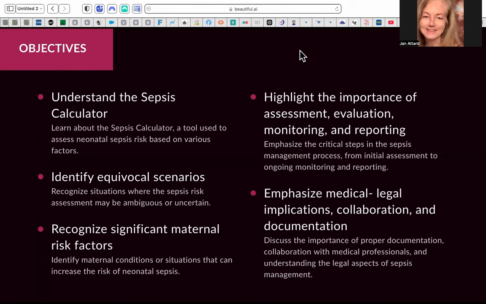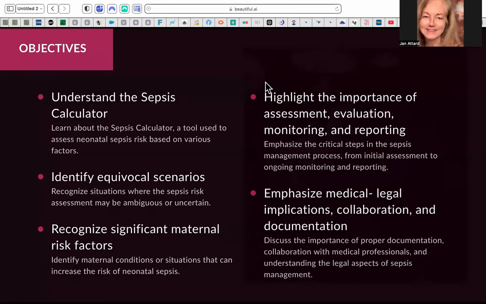We're emphasizing the importance of speaking with the family, educating the family, collaborating with the family, having them participate as eyes and ears on behalf of this baby when the baby is out in the room, which they do all the time after delivery, and emphasizing the medical legal implications without collaboration and documentation. This is important. This is real. This is our lives. So let's begin.